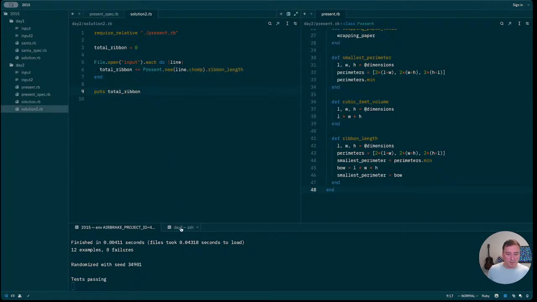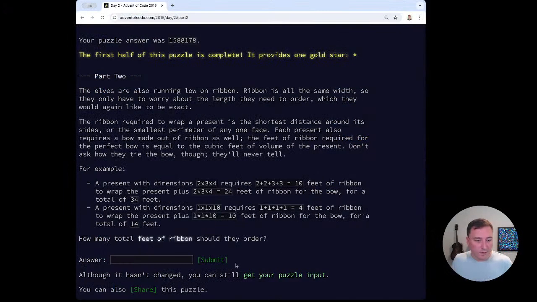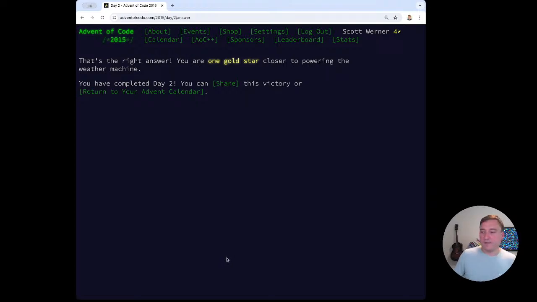All right, and solution2.rb. Let's go back to the browser, put in 3783758 and submit. And we got the right answer for day 2.